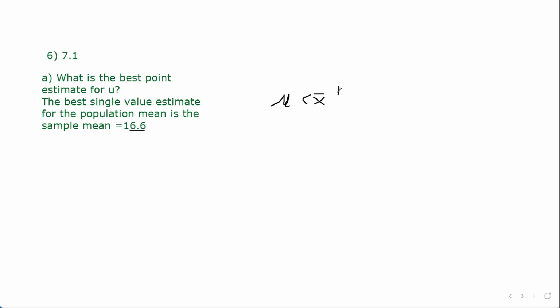Plus or minus; sometimes we write it as plus or minus, but I'll write it as plus right now. Here's my Z, which we write with a subscript Z alpha over 2, just a way of saying it's related to my confidence interval.